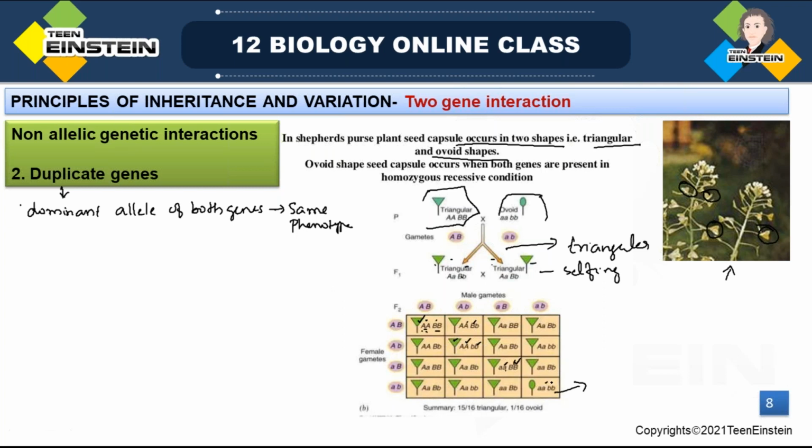But here, A and B, both are in recessive condition. This one is giving ovoid capsule.